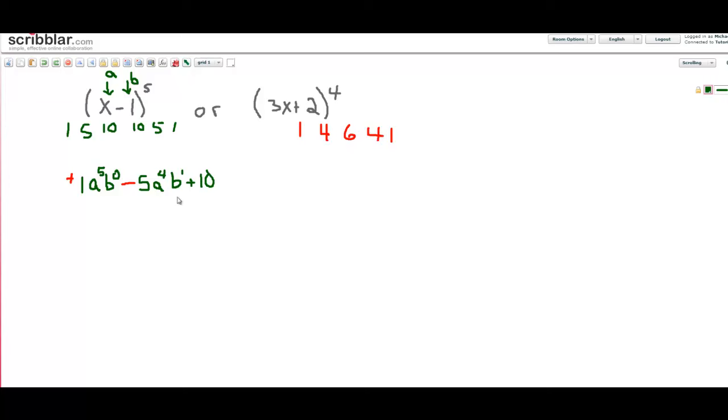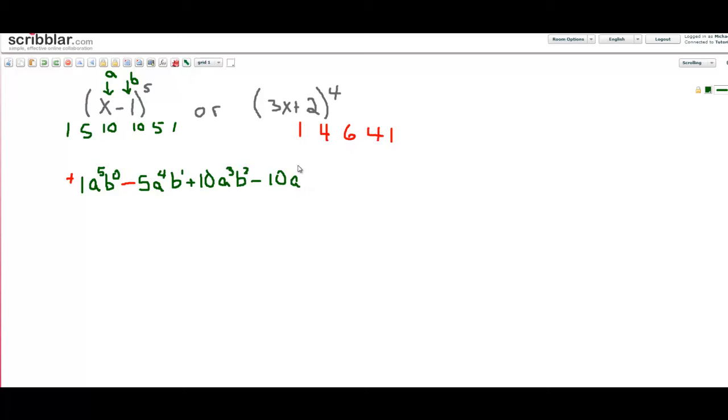And now the A is going to get a 3, so A to the 3rd. And B is going to start going up. We're going to look more closely at what this pattern is in a second. Next coefficient is a 10. Oh, that's my mistake, because we have plus, minus. And then the coefficient is 10. All right, so A is at 3, that's got to be going down.